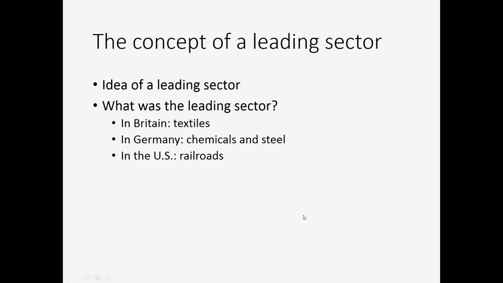Because of the huge distances involved, the size of the country, the distances that raw materials had to be carried to get to factories, the large distances that finished products had to travel in order to get to markets, to people who wanted to buy them. And so railroads became kind of the economic engine that drove the Industrial Revolution.